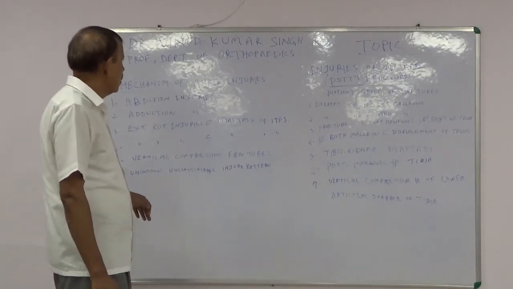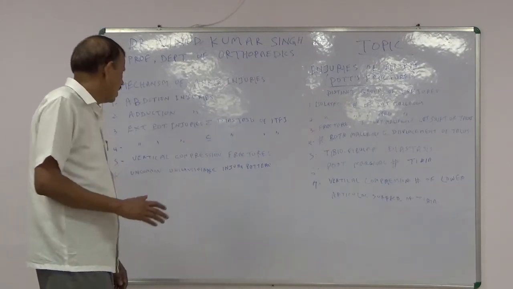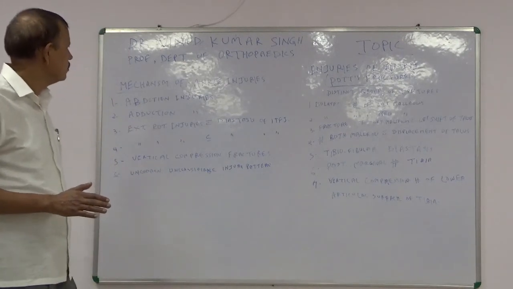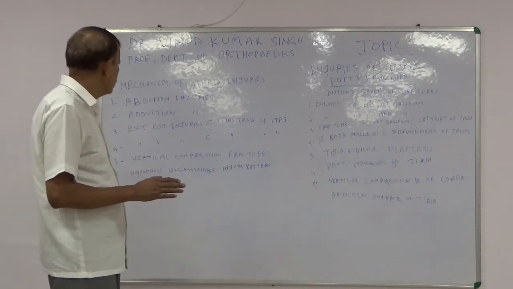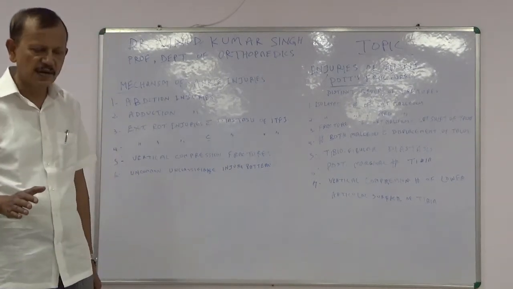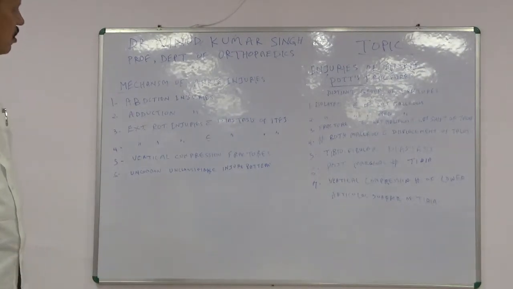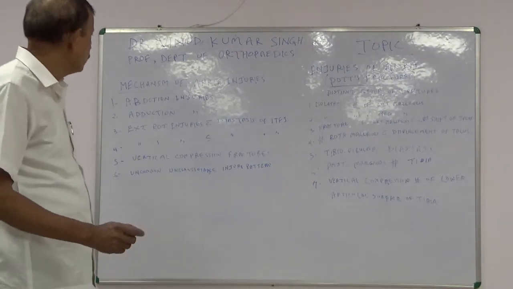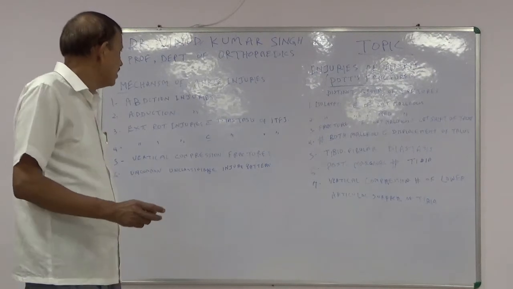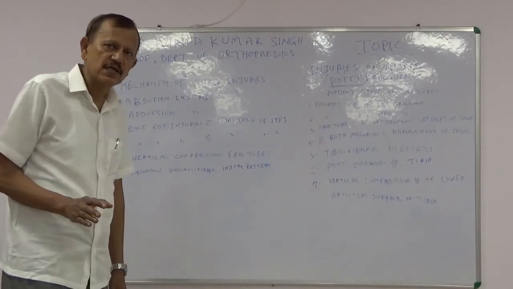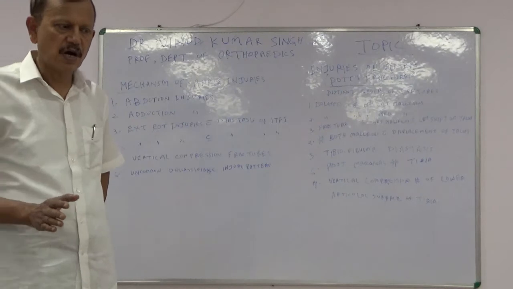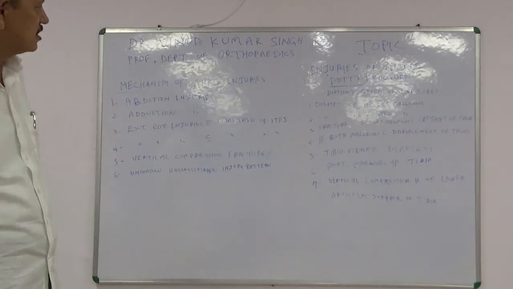If the pressure proceeds further, there will be a compressive and shearing force on the lateral side, and there will be a fibula fracture. This is comminuted, a comminuted fracture of the lower fibula. The outer cortex is always comminuted in this case.